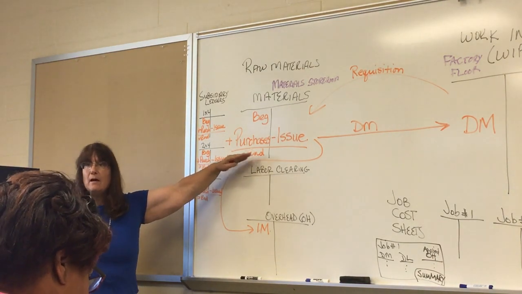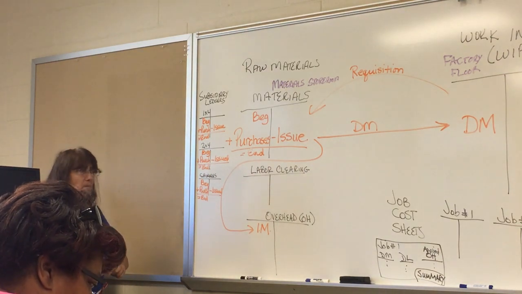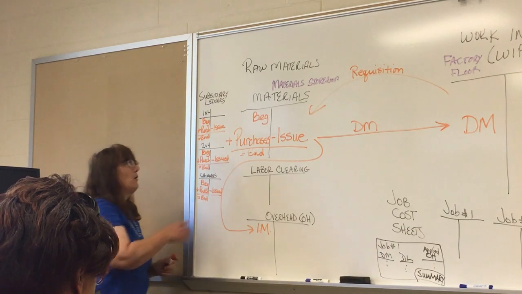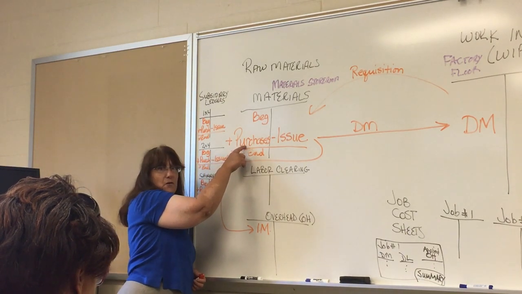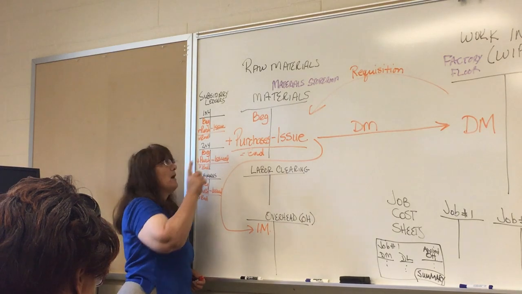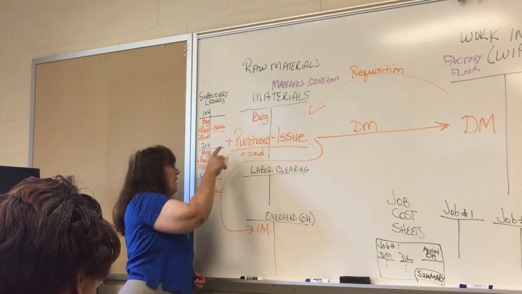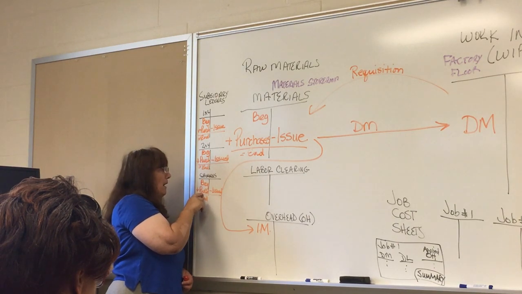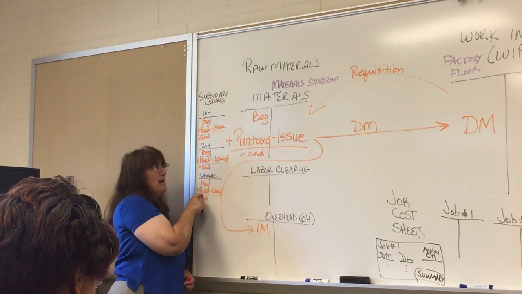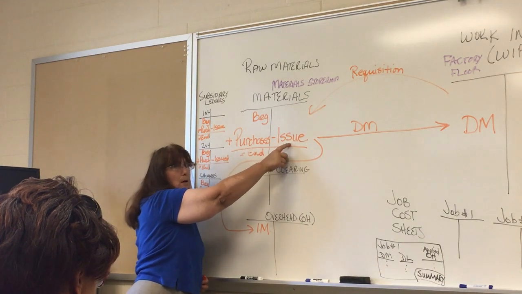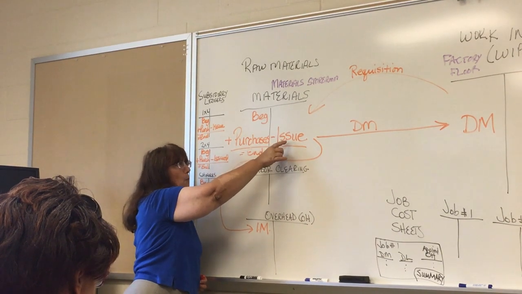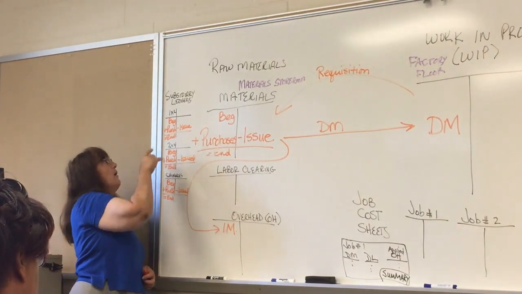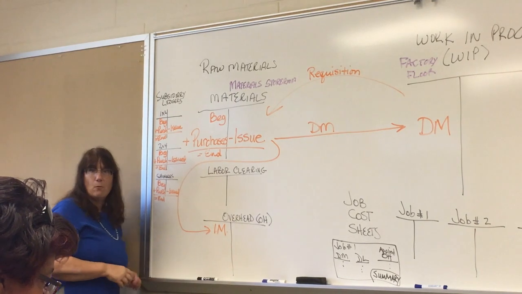If it doesn't, that means you did something wrong posting-wise, most likely, okay? When I purchase some shingles, I have to put it in two places. I have to debit materials and I have to debit the shingles account separately, okay? If I issue some 1/4s, I have to credit the materials account and I also have to credit the 1/4s.